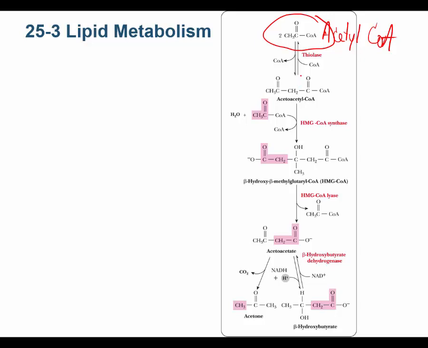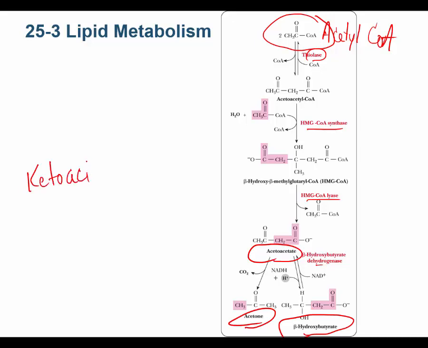Well, when I have a lot of these start building up and I'm overwhelming the citric acid cycle, so I can't funnel them through the citric acid cycle fast enough, they start to be converted to other things. Here are the enzymes, and please don't memorize the enzymes by any means. But when they're converted to other things, what I get is the three major ketone products: acetoacetate, acetone, and beta hydroxybutyrate. I would like you to know these three major ketone products because these three ketones lead to ketoacidosis.